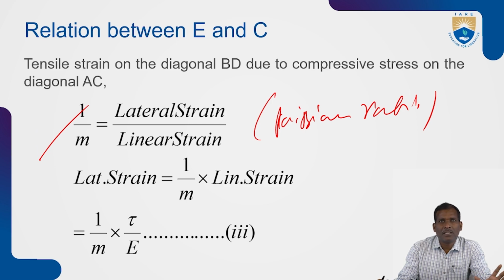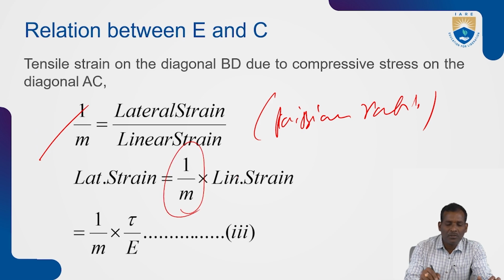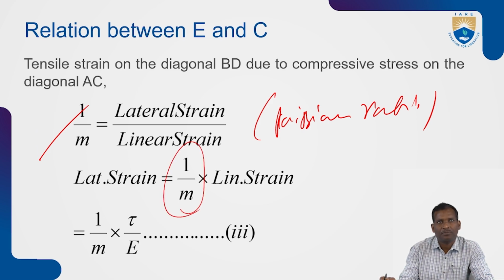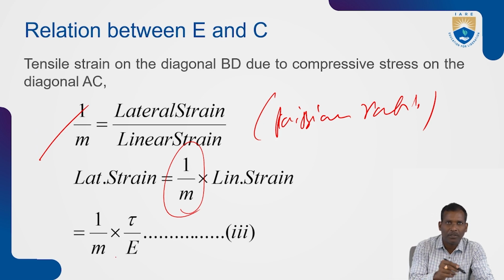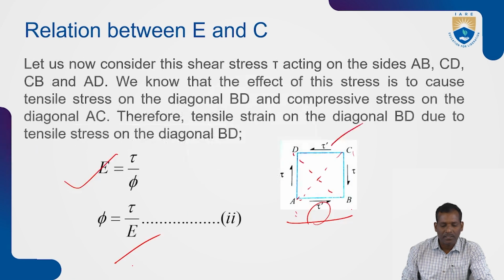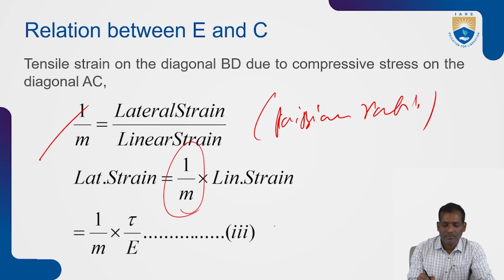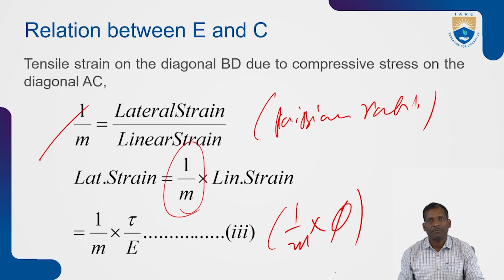So, your lateral strain is equal to Poisson's ratio, which you can represent with 1 by m, multiplied with linear strain. The linear strain we already calculated in the previous slide, tau by E. So, you can write 1 by m into tau by E as the linear strain. That is the third equation.